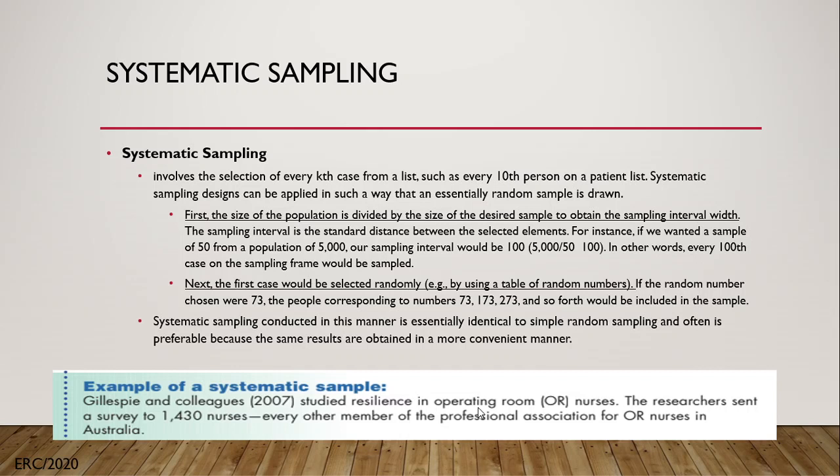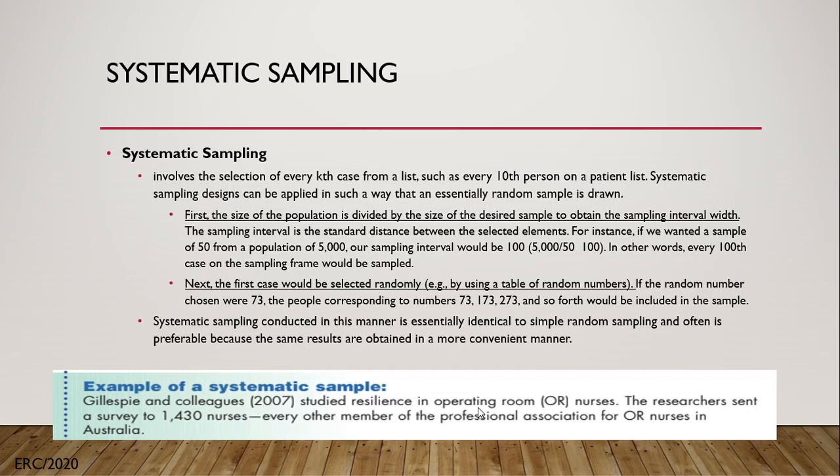For example, if we wanted a sample of 50 from a population of 5,000, our sampling interval would be 100, because 5,000 divided by 50 is 100. So, in other words, every 100th case of the sampling frame, or the list of your population, would be the sample.